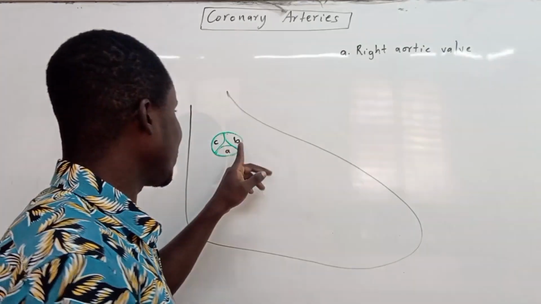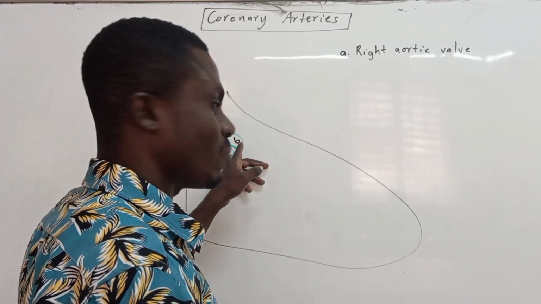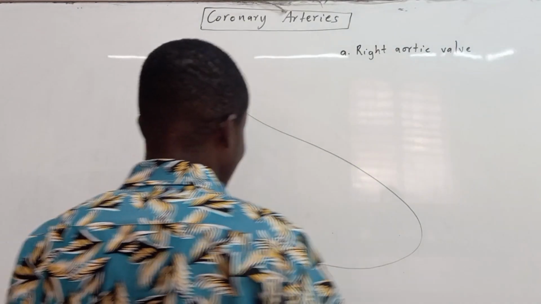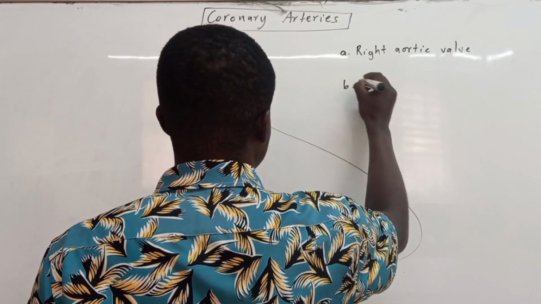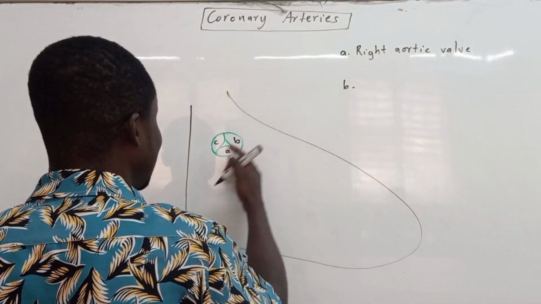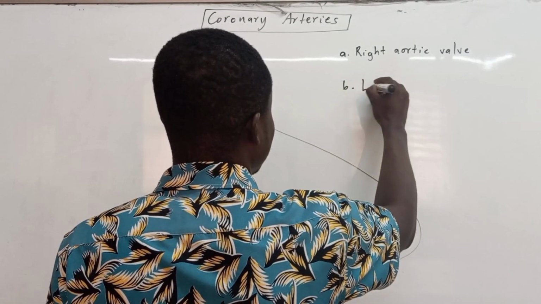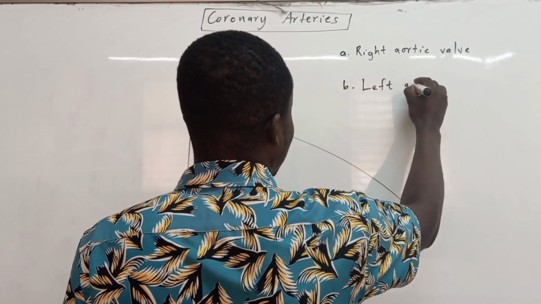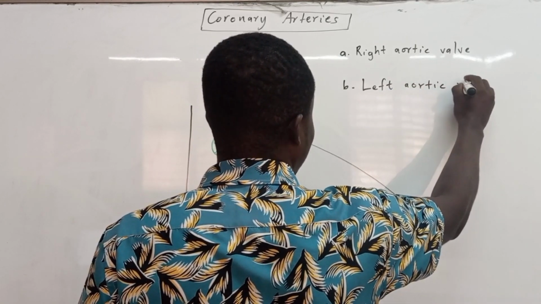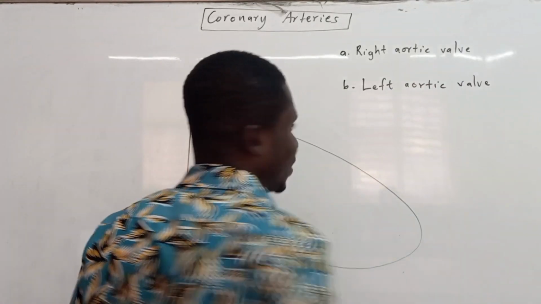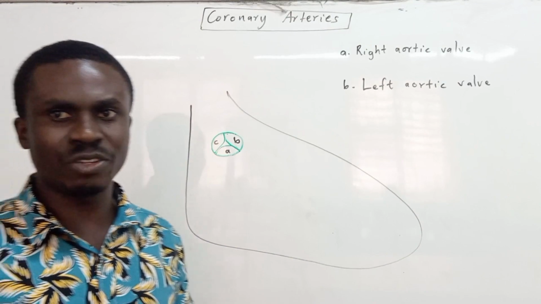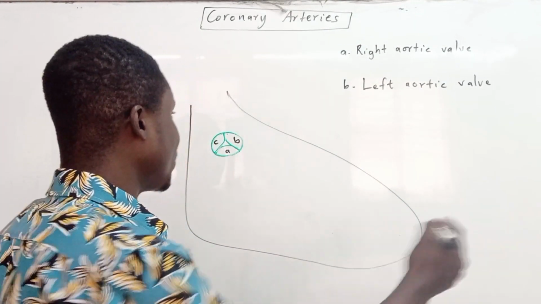And then the B over here: if this is toward the right, then this is toward the left, so this one becomes the left aortic valve cusp. Now let's go through this bit by bit so that you understand the concept I'm trying to convey.